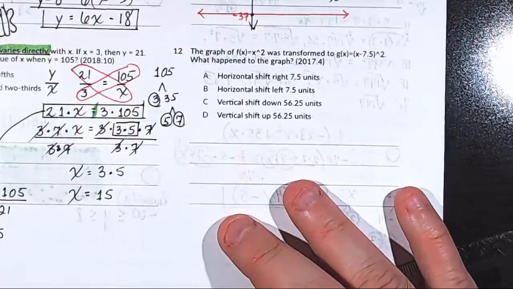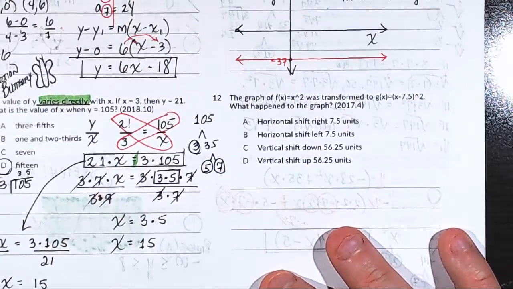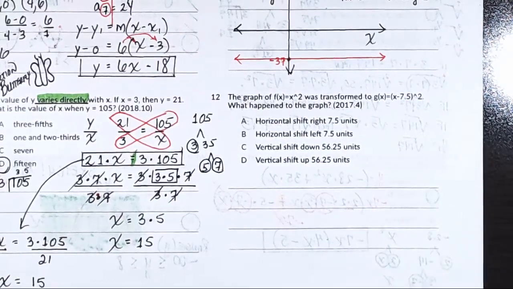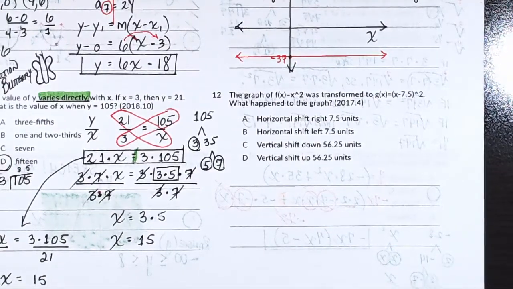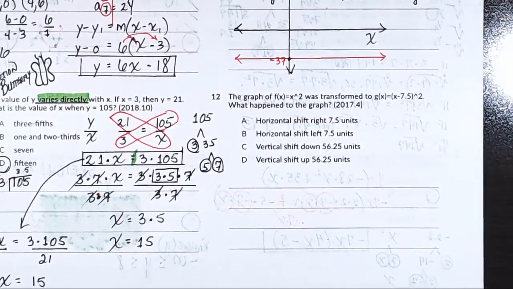Number 12. The graph of f of x equals x squared was transformed to g of x equals (x minus 7.5) squared. What happened to the graph? Now, this is more of an analytical question.